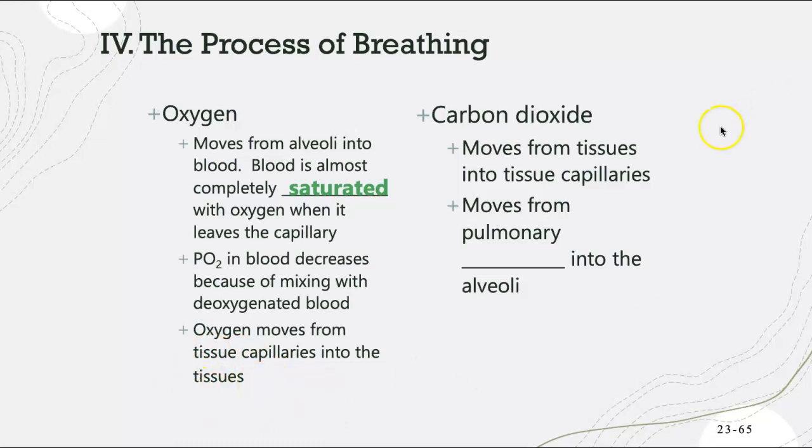Our carbon dioxide is going to want to leave our tissues and move into our tissue capillaries. Those capillaries will then move that deoxygenated blood containing the carbon dioxide through the vascular system and will move from our pulmonary capillaries eventually into our alveoli.